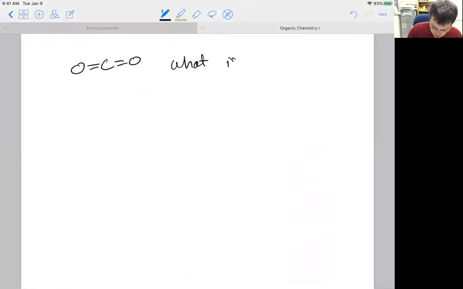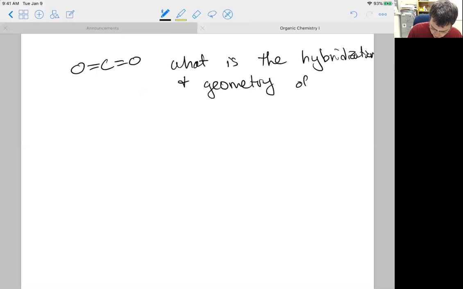What is the hybridization and geometry of each atom?